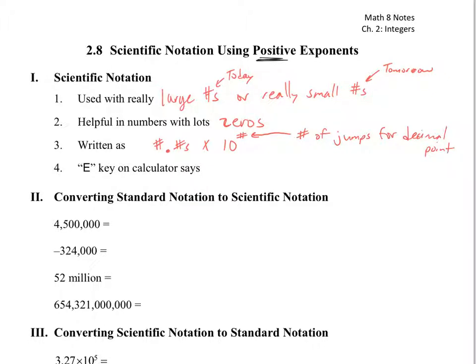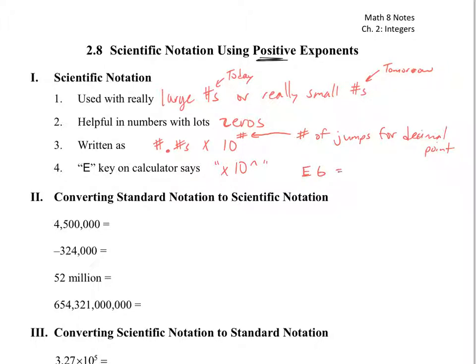Have you ever typed a number in your calculator and it said E? There's a number and then the letter E. So if your calculator ever says E on it, it's saying this whole thing in one letter. It's times 10 to a power. So your calculator might say E6.